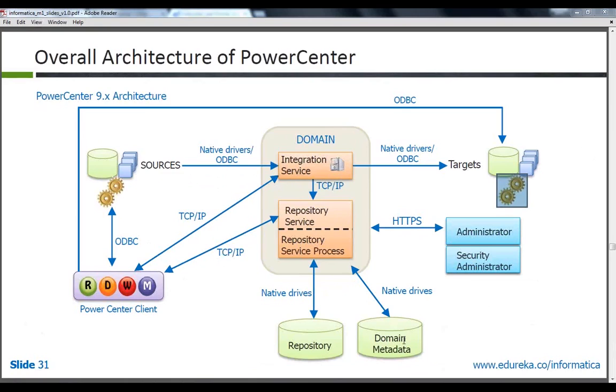All those things come under the domain metadata, but there is no separate database as such. It is the same database with different tables. Our client tools will be directly interacting with the repository tables only, not with the domain tables at the development level. That's why they are represented by different ones.